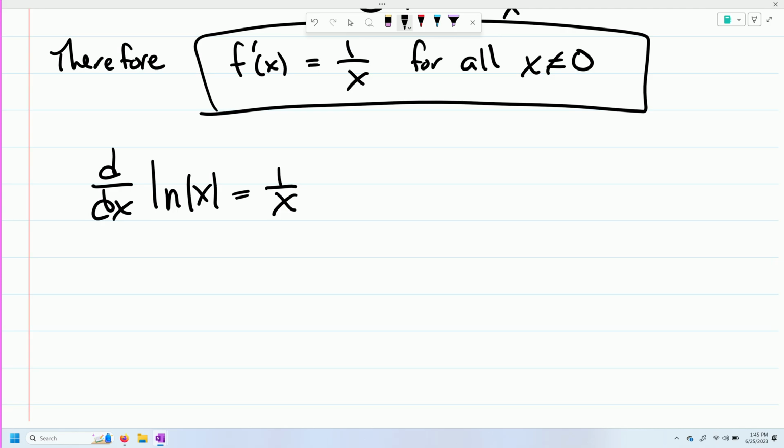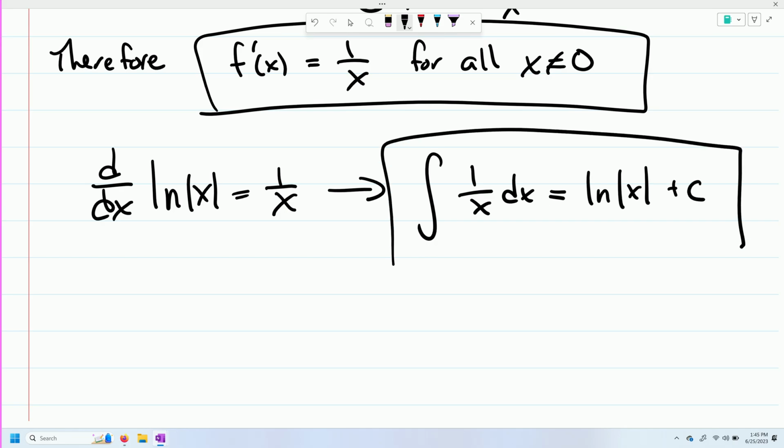So now the corresponding integration, the integral of 1 over x dx, is equal to the natural log of the absolute value of x plus c.